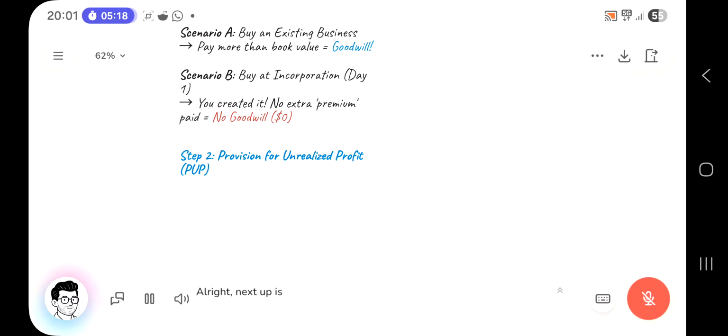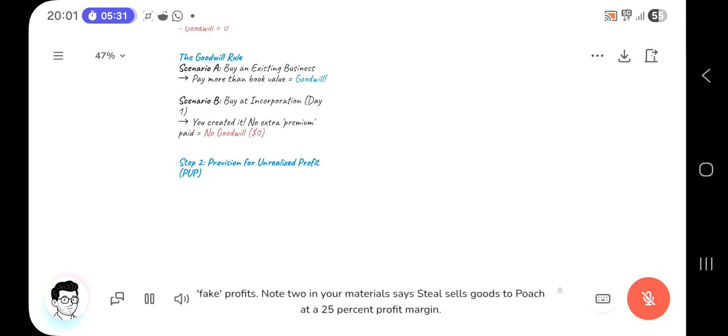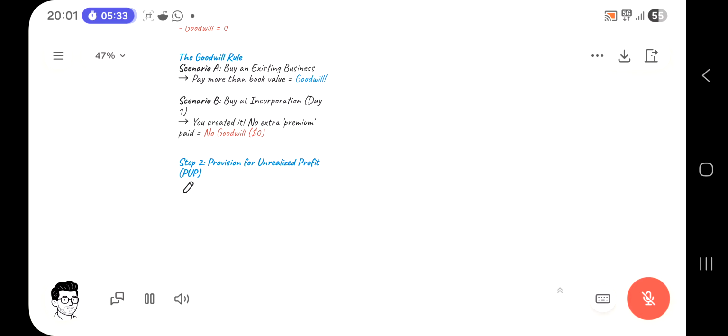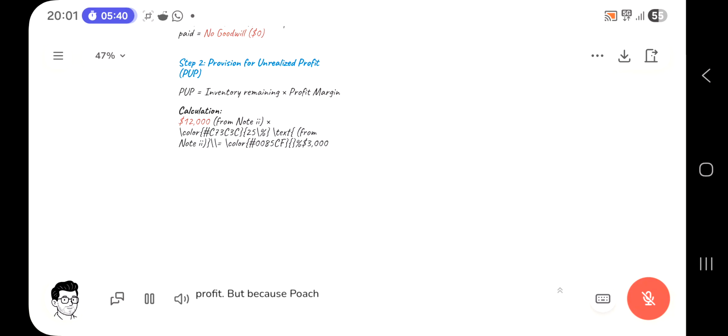All right, next up is the PUP. It sounds like a puppy, but it's actually about fake profits. Note 2 in your materials says Steele sells goods to Poach at a 25% profit margin. Basically, Steele sold goods to Poach and made $3,000 in profit.